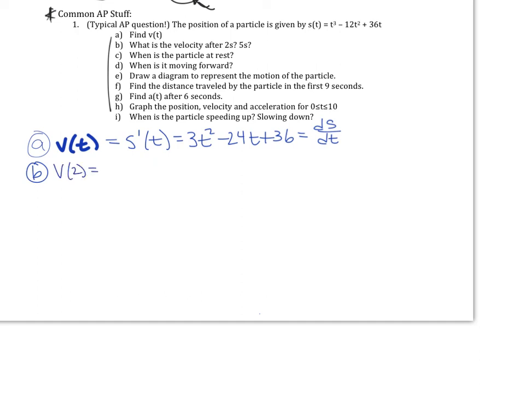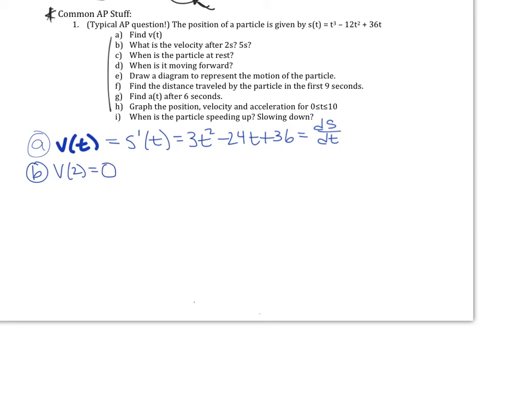I plug in 2 to my equation right here, so 2 squared, 4 times 3, minus 24 times 2, plus 36, and I will get a value of 0. So this comes out to be 0. My pen, again, I'm having issues, does not want to write, so this value is 0.